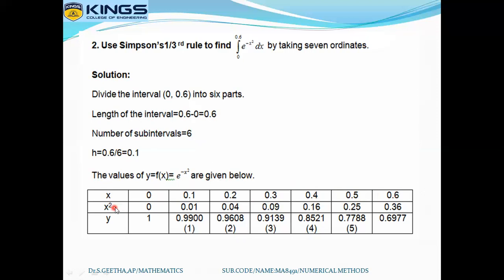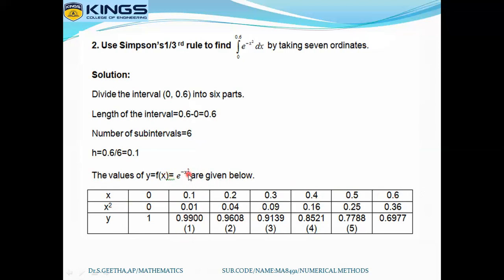Next, x square: just square the values of x. 0 square is 0, 0.1 the whole square equals 0.01, 0.2 the whole square equals 0.04. Similarly, write the values for x square. Now, y is equal to e power minus x square. To find the value of y, we use a scientific calculator.